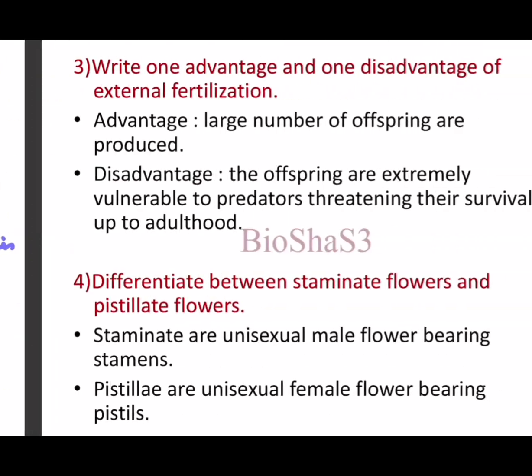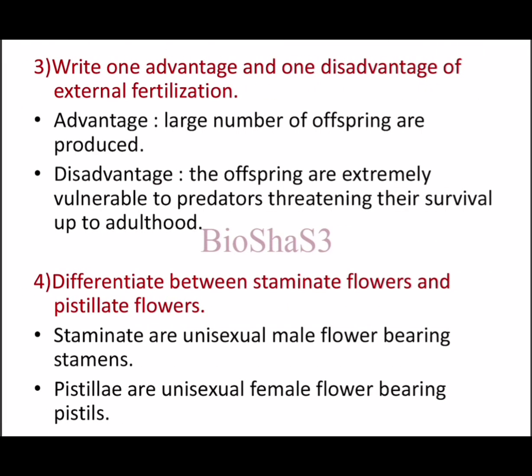Yes, next. Write one advantage and one disadvantage of external fertilization. So if the fertilization is happening externally, what is the advantage and what is the disadvantage, they have asked you. First advantage is there is a production of large number of offsprings. Many offsprings are produced. That is one plus point, or you can call it an advantage.